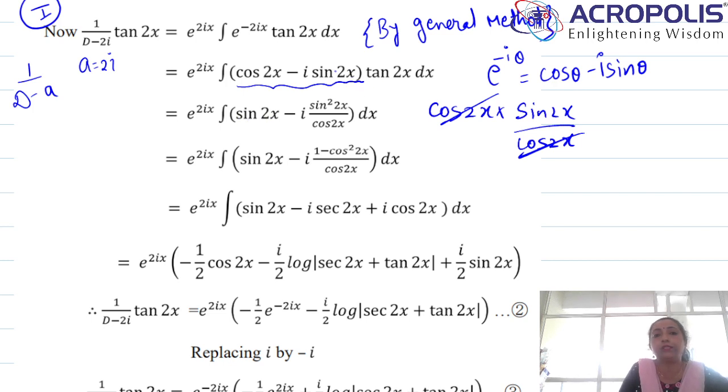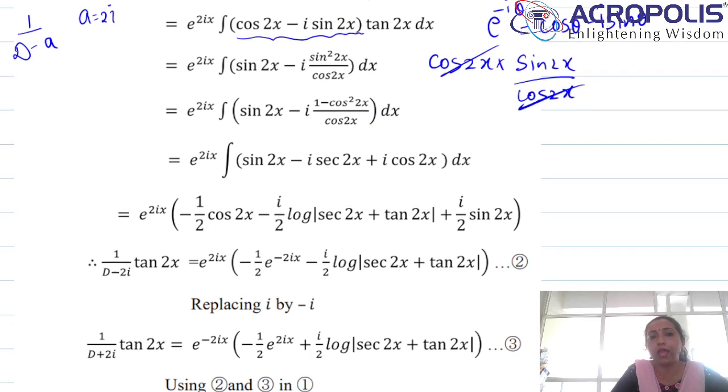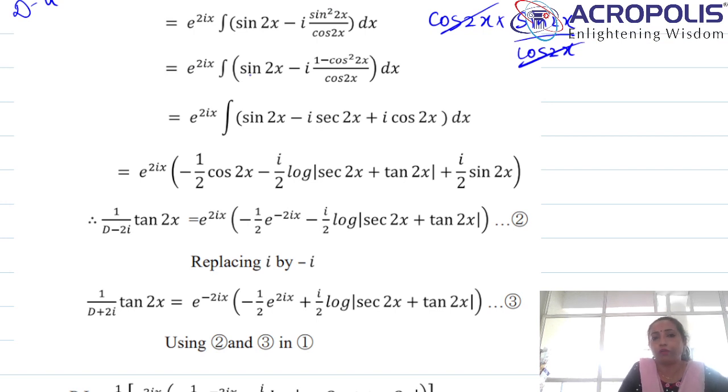Similarly, if we multiply sin 2x with tan 2x, we will get here sin square 2x by cos 2x dx. Now, sin square 2x will be written as 1 minus cos square 2x. So again, if we write 1 by cos 2x, we will get here sec 2x, and cos square 2x by cos 2x gives cos 2x.